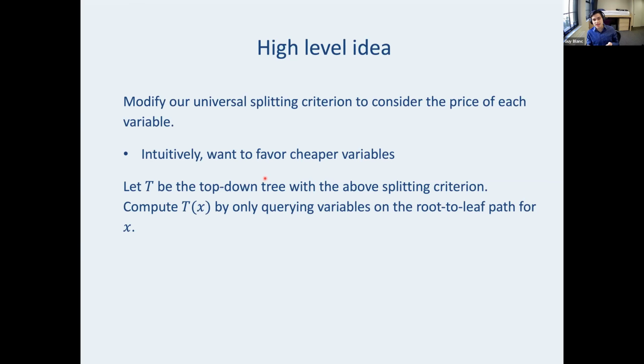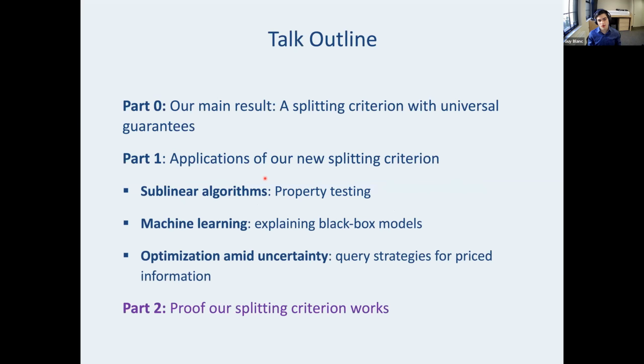So we modify the splitting criterion a little bit to take into account that cheaper variables are good to query, even if they might not be too informative. But the modification is pretty simple and the analysis ends up working out. So we modify it to favor cheaper variables and then we just query along the root to leaf path. Okay, that concludes applications.